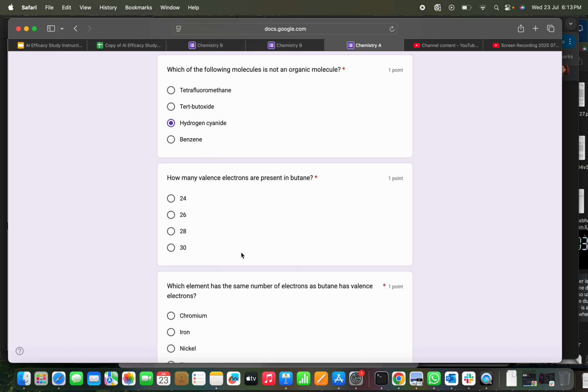So 3, 4, 5, 3 plus 1, 4, 8 here, 8 here, 9, 10, 11, 12, 13, 14, 15, 16. 8 here, 8 here. It is very tough. This is supposed to be simple.